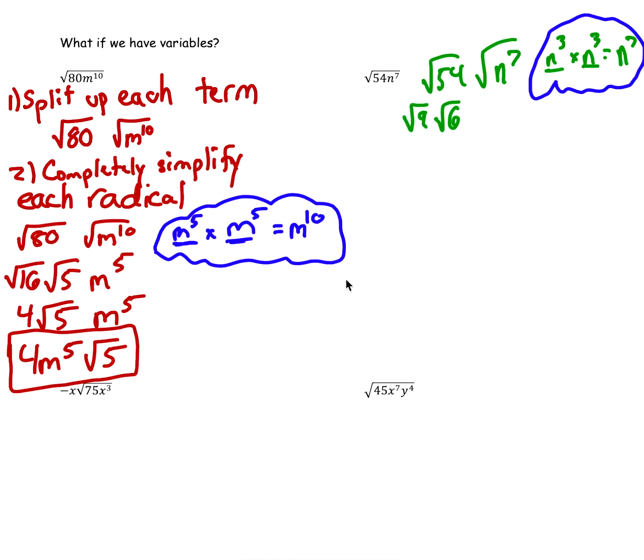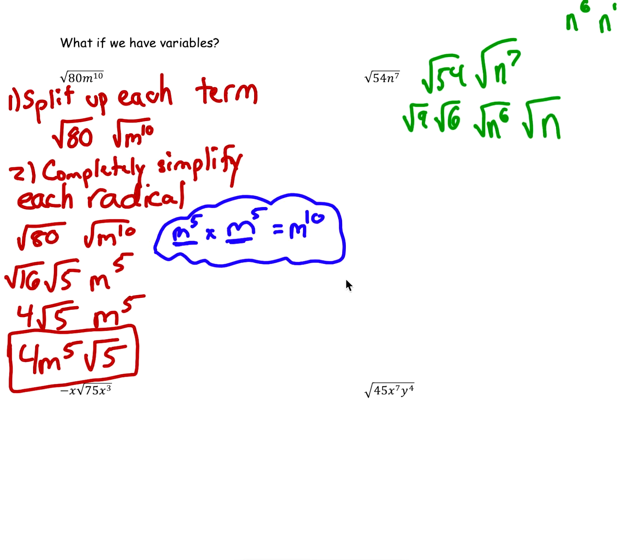So we can't do two of the same values to multiply to get n to the 7th. What you're going to want to do here is a good rule of thumb. We're going to split up n to the 7th into the smaller even number just below 7, which would be 6, times n to the 1st. So I'm going to make this n to the 6th times n. What I'm really doing is breaking up n to the 7th into the highest perfect square that goes into n to the 7th, which is n to the 6th.